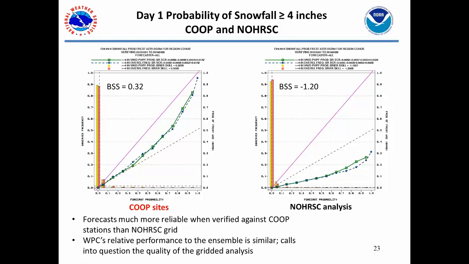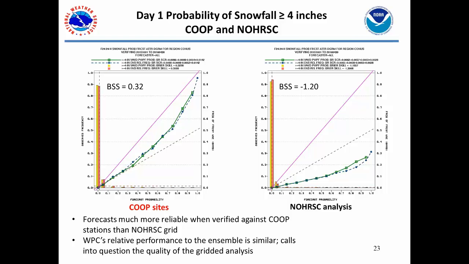The figure on the right is verifying our forecast against the NOHRSC analysis. Here you can see the story is much different. The reliability is much worse, and it's actually a negative Brier skill score, suggesting our forecasts are worse than a climatological forecast. The large discrepancy in these results did lead us to question the reliability of the NOHRSC analysis.